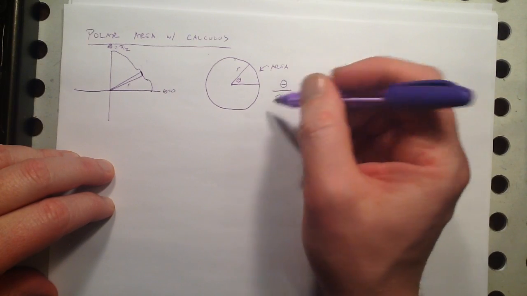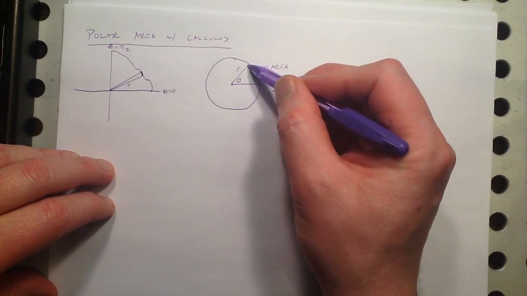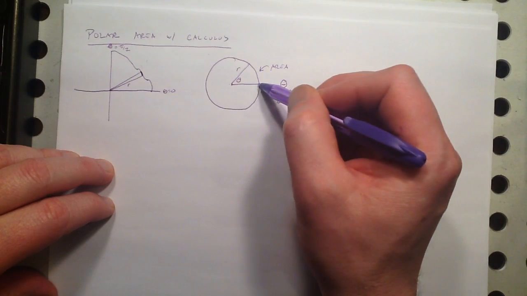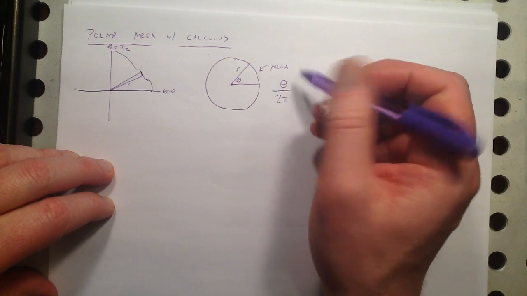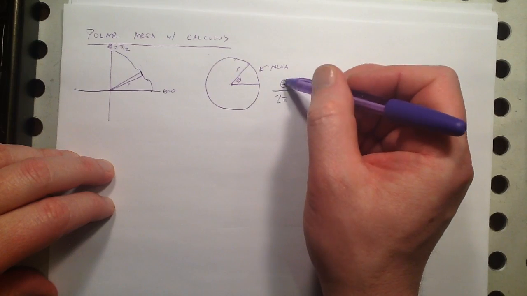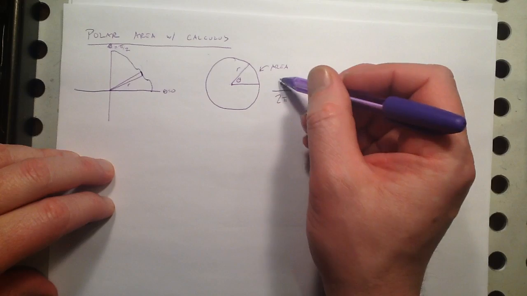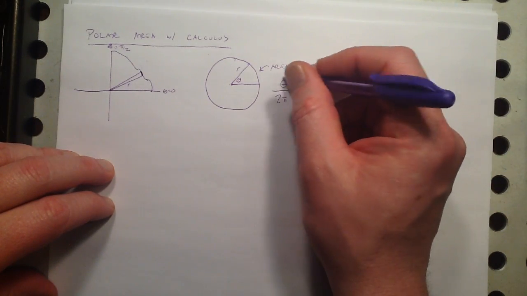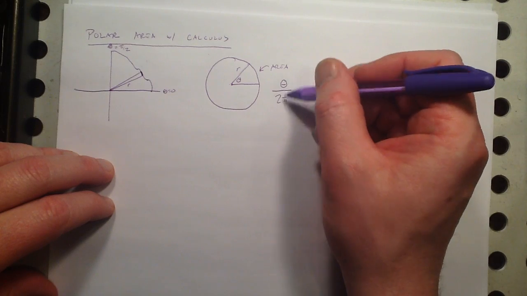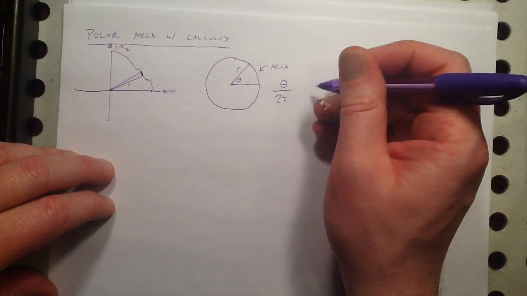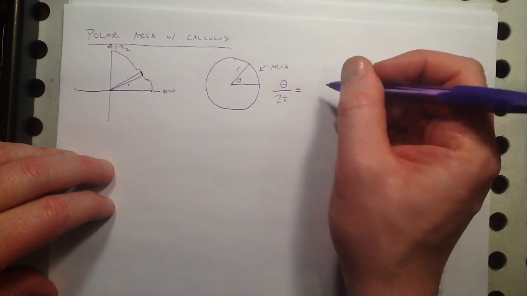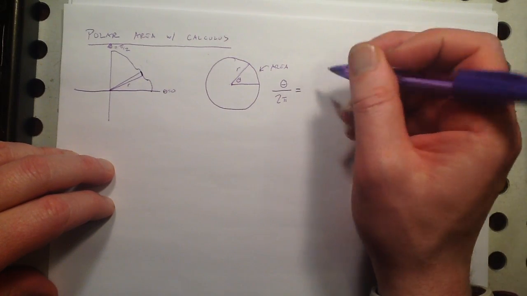For example, if theta happened to be pi over 4, then I would have 1/8 of the whole circle, right? I'd have pi over 4 over 2 pi, that's 1/8. So whatever portion of the circle it is, this fraction represents that amount of the circle. Then I want to know how that translates to the area.